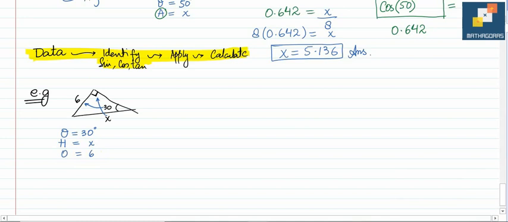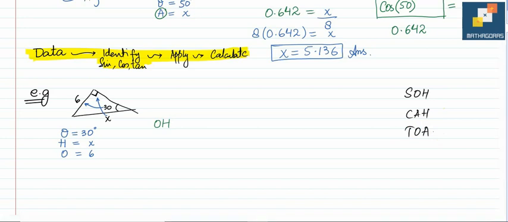After the data, what you guys need to do, just write the sides that we know, it's O and H. So I am going to write the working formulas here. It's SOHCAHTOA, and I recommend you all to write these 3 working formulas at the top of your page, every page, so that you can learn it, remember it easily, right?